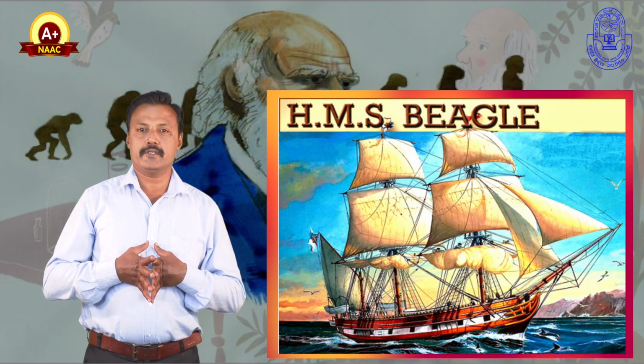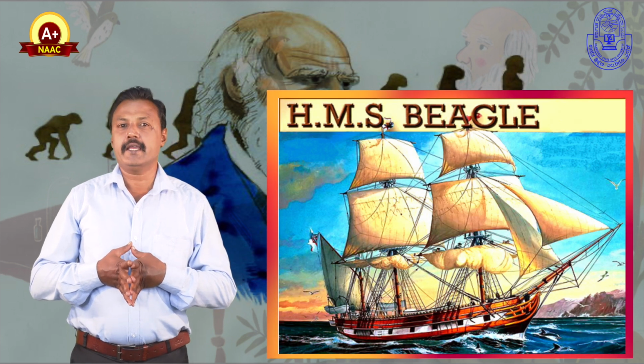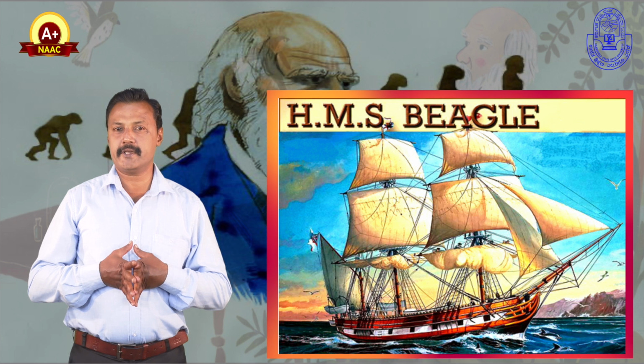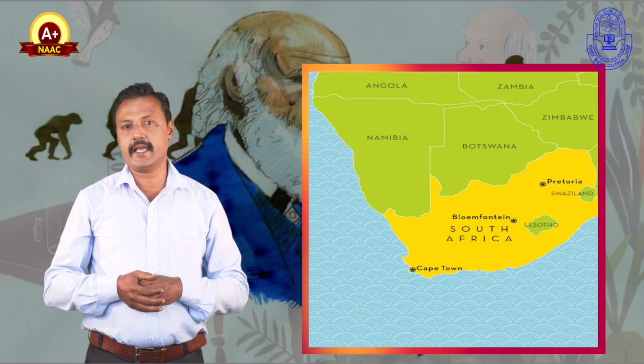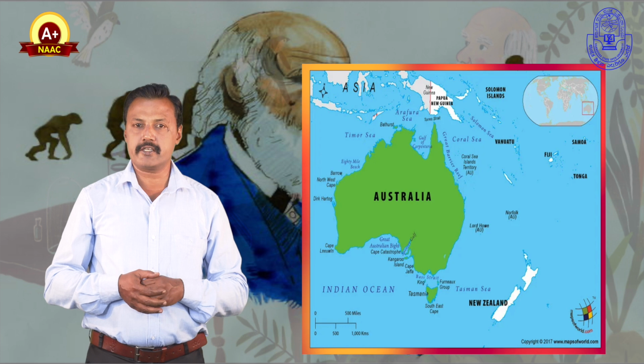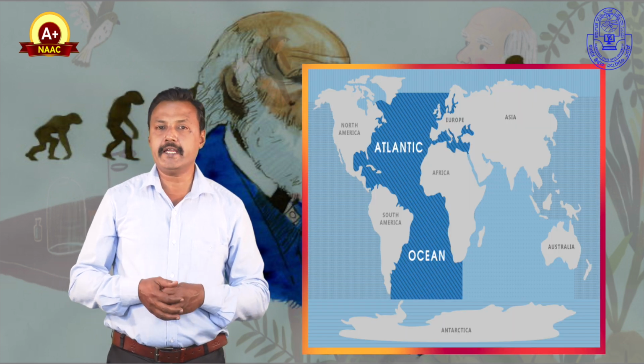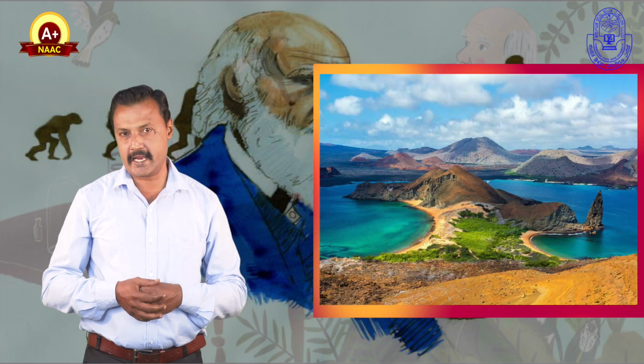Darwin accepted the offer and joined the British Navy on a ship called HMS Beagle. The Beagle departed from Devonport and visited various areas like South Africa, Australia, the Atlantic Ocean and, very importantly, the Galapagos Islands.